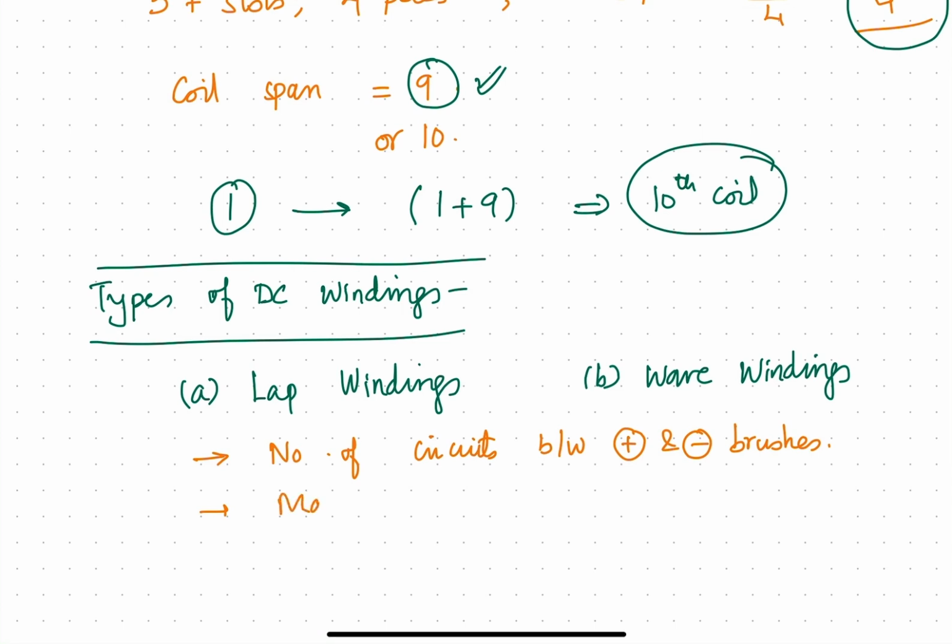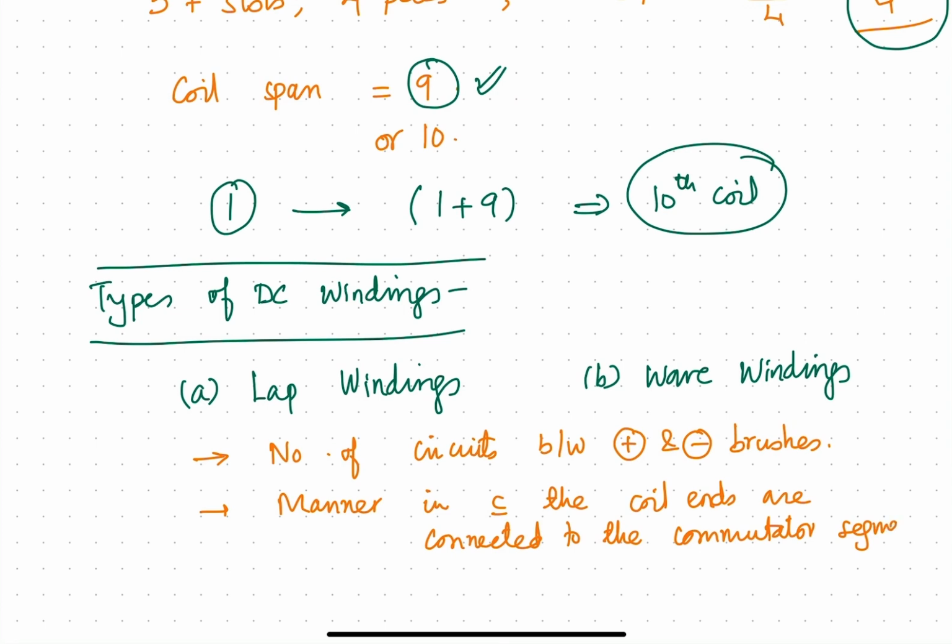The second difference is in the manner in which the coil ends are connected to the commutator segments. So this is where the difference lies.